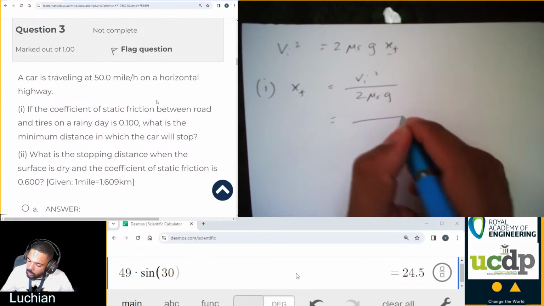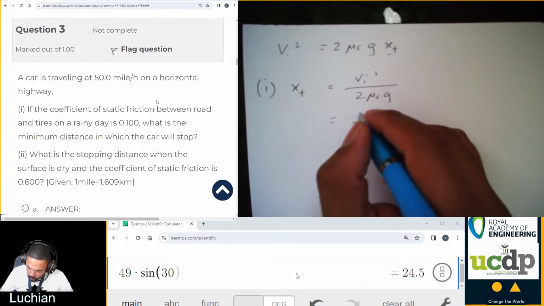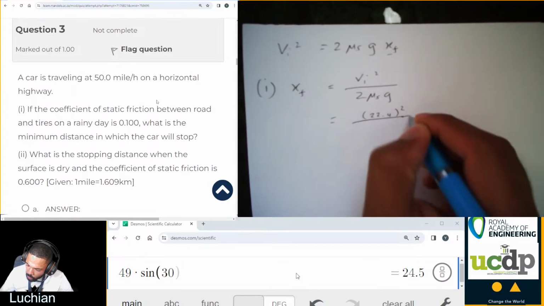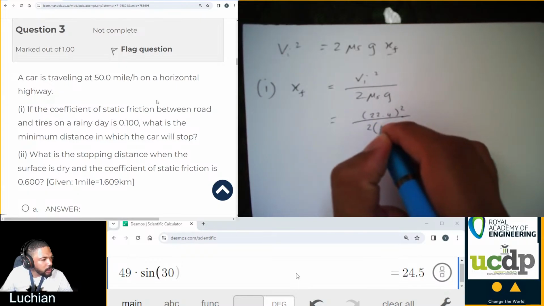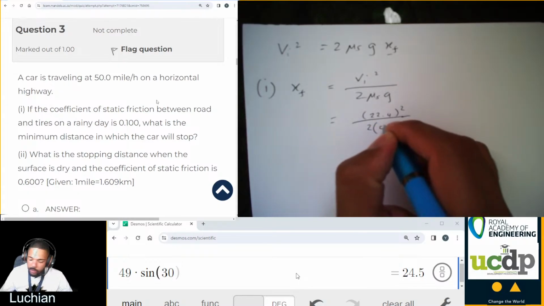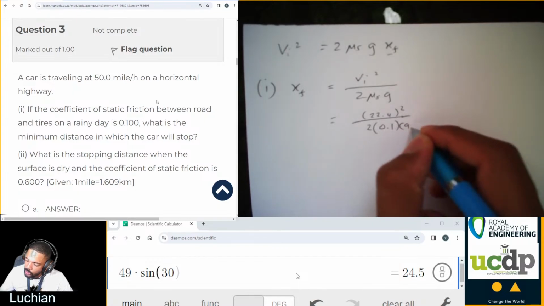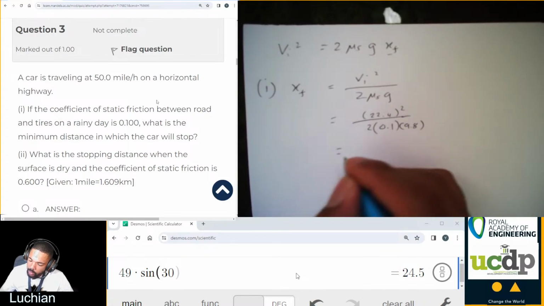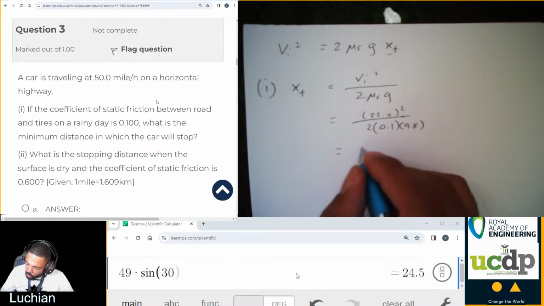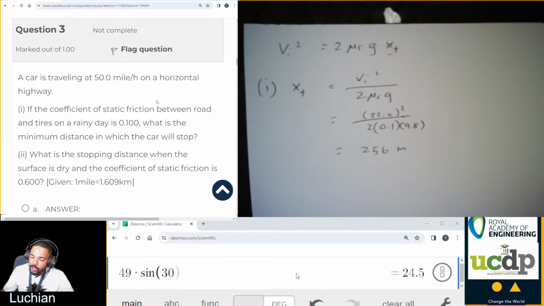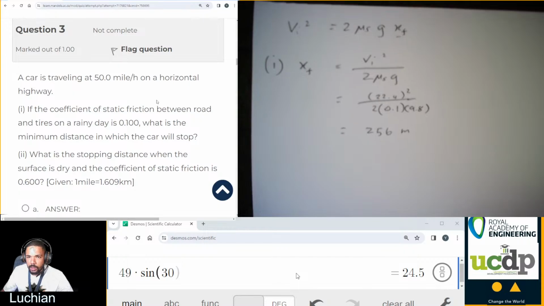Now the initial velocity is 22.4 meters per second. Square it, 2 times the coefficient of static friction, which is 1.1. You multiply that by g, 9.8, and you have your answer of 256 meters. So 256 meters is the shortest distance that this car can stop.